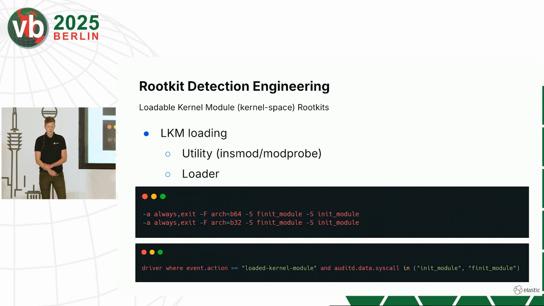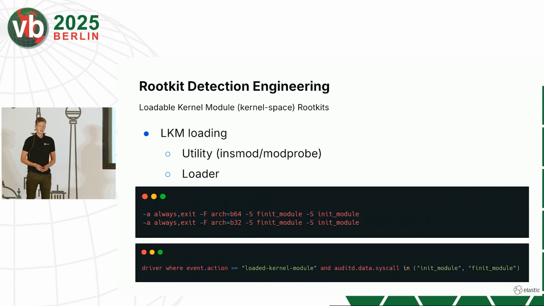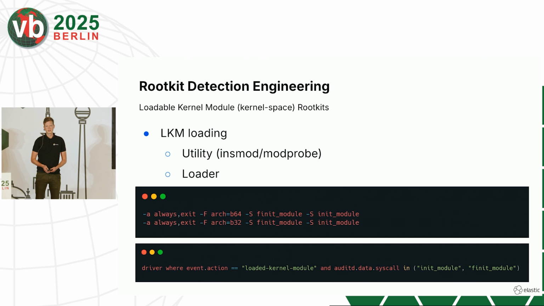For loadable kernel module rootkits, step 1 is actually loading the rootkit. This can be done through a normal utility, like insmod or modprobe. But most rootkits used by attackers actually use a loader, so if you detect process executions for these tools, you will not find them.